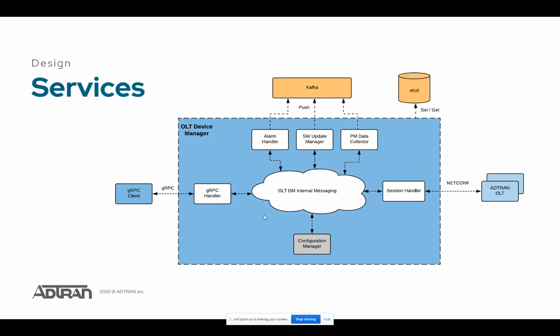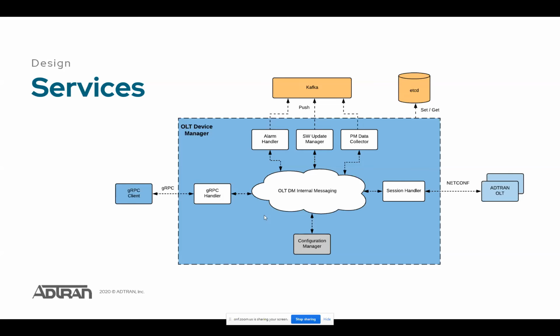This is the performance metrics data collector. You can configure metric data, and you configure the interval when they shall be collected. This collector is doing this for all the OLTs and then pushing the metric data to Kafka as well. The software update manager will also push events to Kafka.